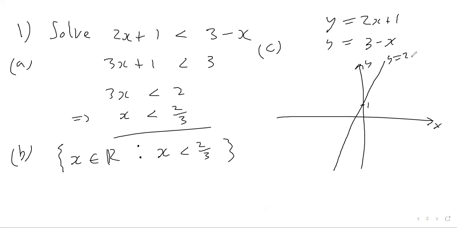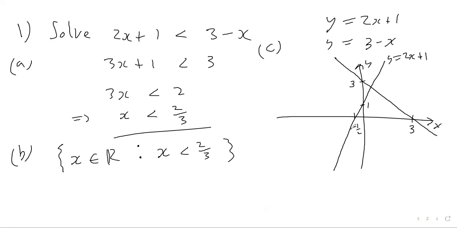Y equals 3 minus x has a y-intercept of 3 this time and a gradient of -1, so a negative gradient, but a little more shallow than the other one. You have an x-intercept of 3 because of the -1 gradient, and an x-intercept of -0.5 for the gradient 2 line.